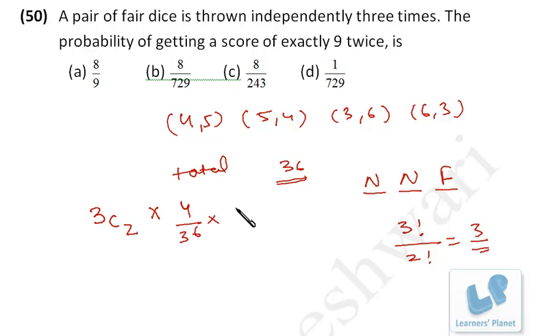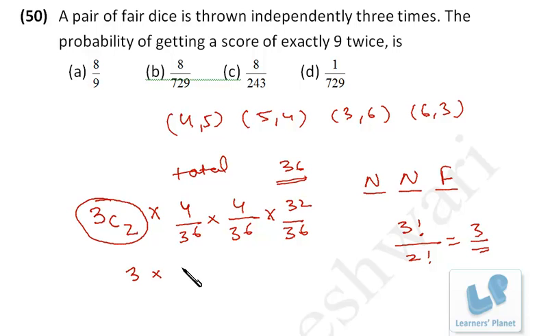For the other throw, the probability of getting the sum as 9 is 4 by 36. For the third throw, we don't want a 9, so it will be 32 by 36, right? The order can be rearranged, that we have already taken care of over here. That's 3C2, right? Now 3C2 is 3, into 1 by 9, into 1 by 9, into 8 by 9, right? So it's 8 by 243, right?